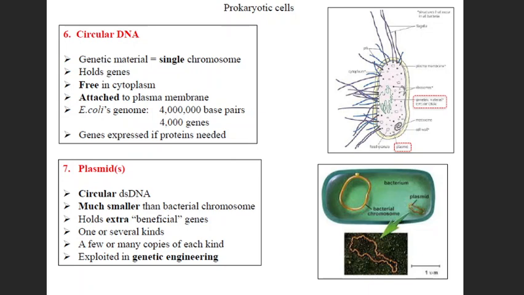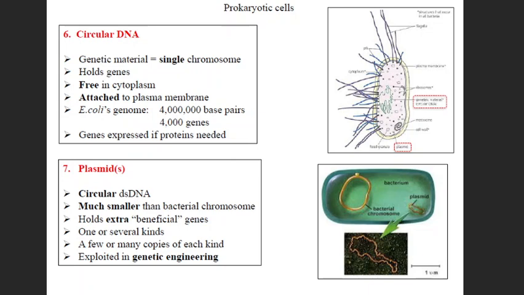In a bacterial cell, the genome or genetic material is present in a single chromosome, while in eukaryotic organisms, the genome is divided into several chromosomes.